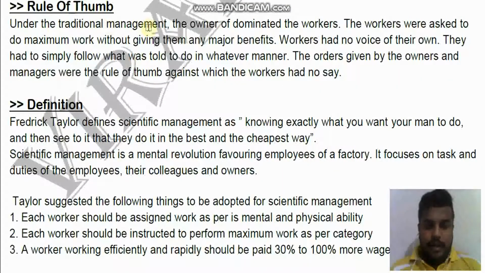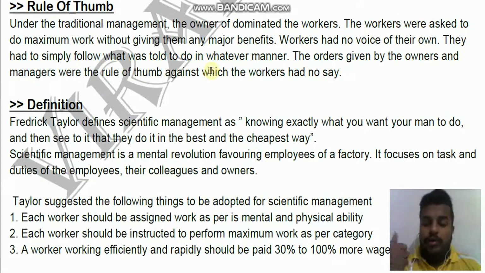Under traditional management, the owner dominated the workers. The workers were asked to do maximum work without giving them any major benefit. We read earlier that workers had no voice of their own. They had to simply follow what was told to them in whatever manner. The orders given by the owners and managers were the rule of thumb against which the workers had no say.